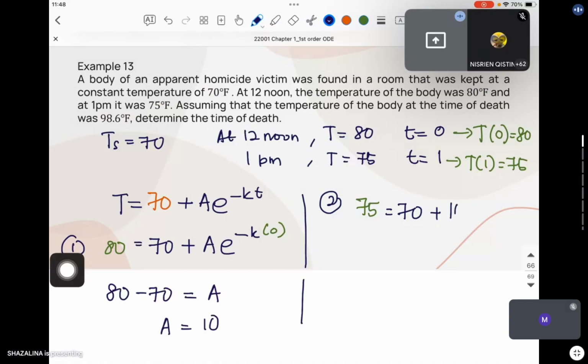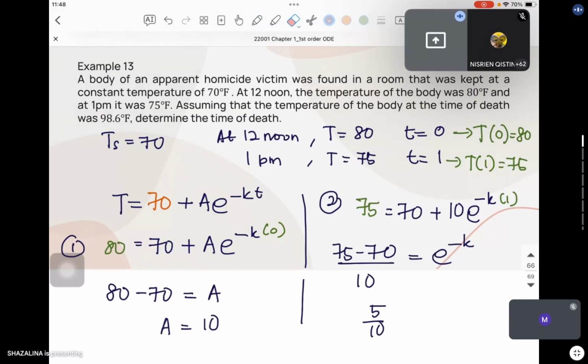So 10 e^(-k times 1). 75 minus 70 divided by 10 equals e^(-k). 75 minus 70 is 5, over 10, ataupun 1 over 2, equals e^(-k).